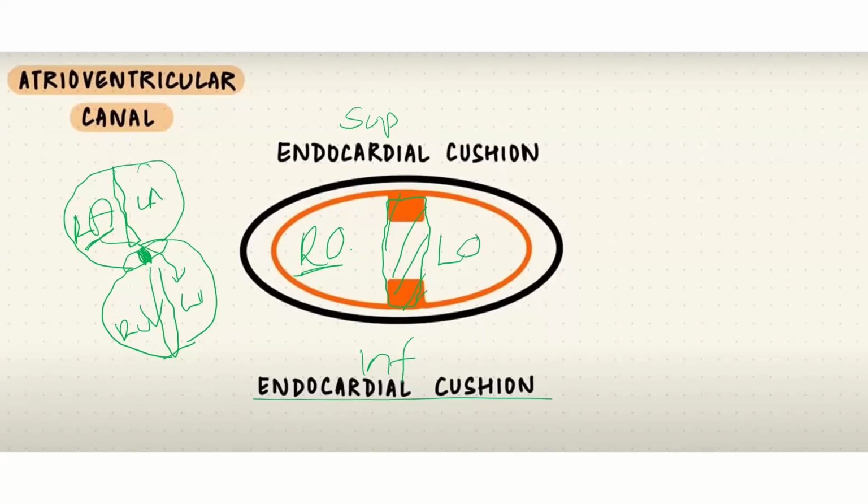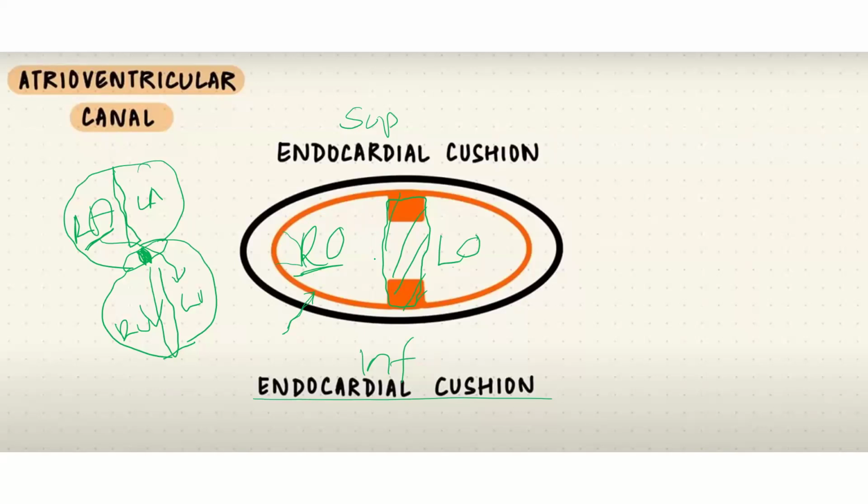Next, you need to form the tricuspid valve on the right and the bicuspid valve on the left. On the right side, the endocardium starts to proliferate to form what are known as primitive valves, which eventually give rise to the valves.